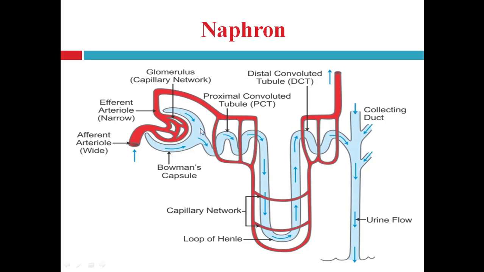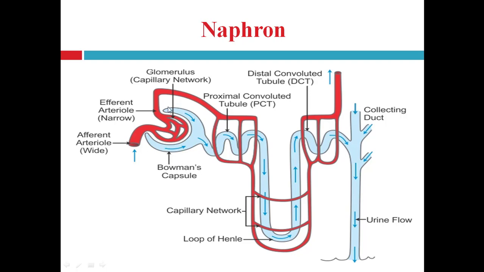See in the structure, two main parts are present in the nephron. The first one is the glomerulus, this one, and the second one is this tubule. Right? The glomerular part is closed, cup shaped, and that is known as the Bowman capsule, this one.